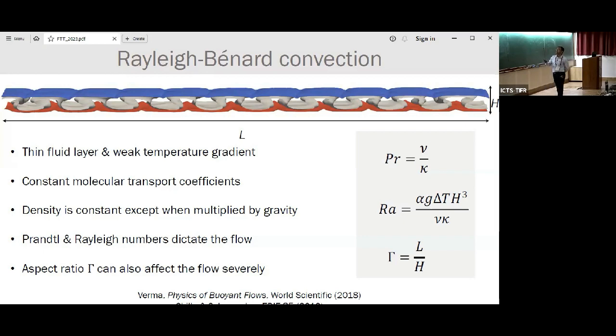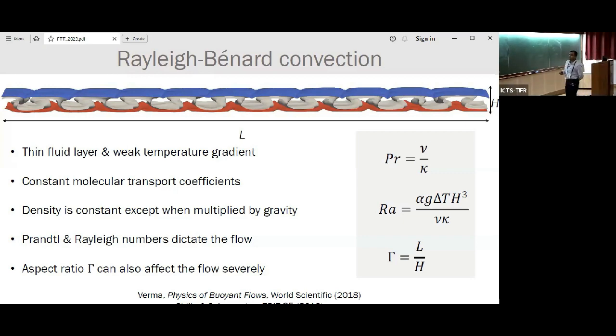Here is the definition of the Prandtl number and the Rayleigh number. The Prandtl number is nu over kappa, and if we have fixed our fluid and geometry or apparatus, then the Rayleigh number is proportional to delta T. It also has the depth of the layer cubed, H cubed, so it also depends on H, the depth of the fluid layer.